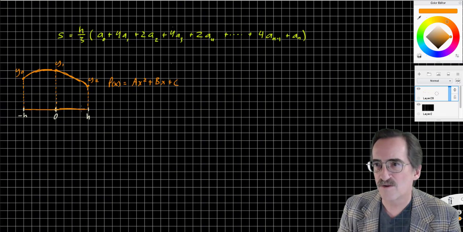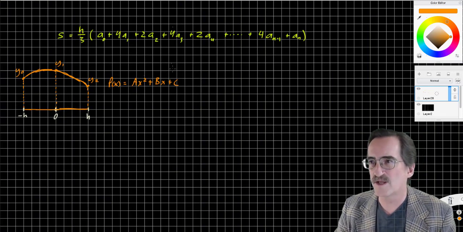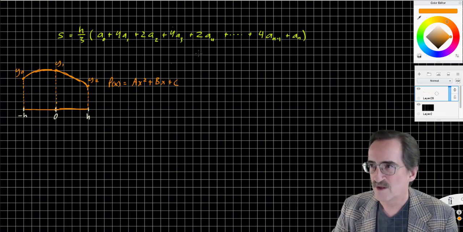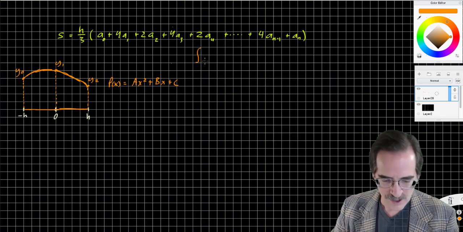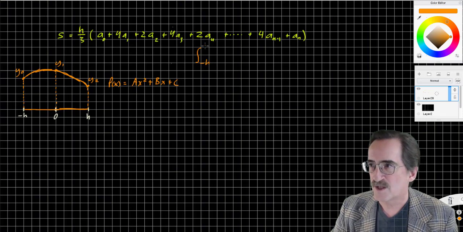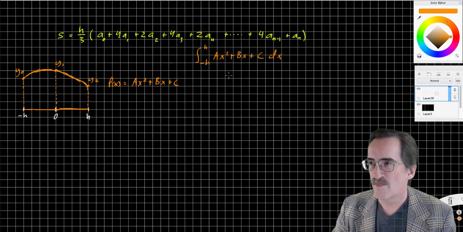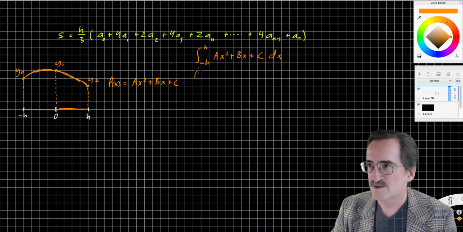Toward that end, I'm going to take the integral of f of x. I'm going to integrate from negative h to h on f of x, which is ax squared plus bx plus c dx.